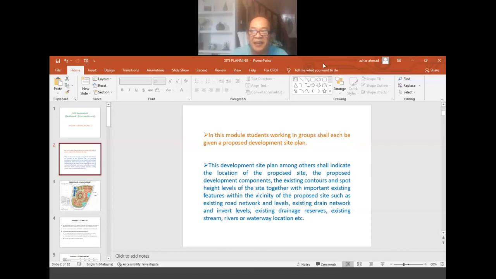For the time being, I still haven't finished the grouping for all sections. Inshallah, I will be coming up with the list of groupings maybe later this week, maybe on Thursday, maybe by tomorrow, or if not by Friday. So towards the end of this week, I will be sharing the groupings for all the sections 1 to 7 in SEAA dan juga section 1 in SKAB for IDP 1.